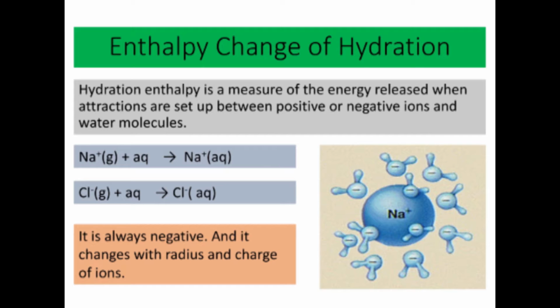That is, Na+ gaseous ion plus water gives Na+ aqueous. Similarly, Cl- gaseous plus water gives Cl- aqueous. It is always negative and it changes with the radius and charge of the ions.